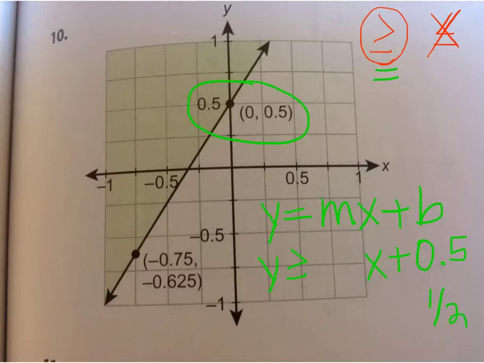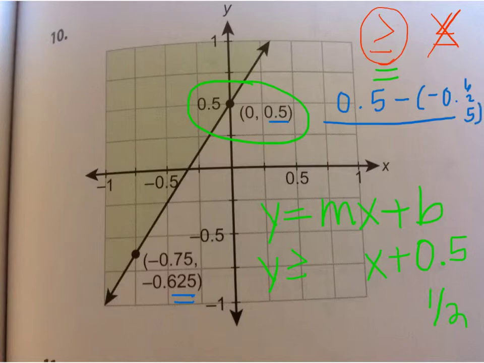And we can do that by actually counting our rise over our run, or we can do that by using the formula and subtracting our two values. So if we subtract the y values, we'd have 0.5 minus a negative 0.625.